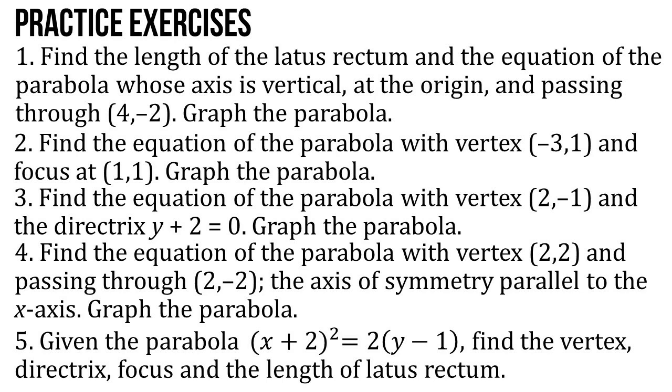Also graph the parabola. Number 4, find the equation of the parabola with vertex 2, 2 and passing through 2, negative 2, with the axis of symmetry parallel to the x-axis. Then graph the parabola. Lastly, number 5, given the parabola x plus 2 squared equals 2 times y minus 1, find the vertex, directrix, focus, and the length of the latus rectum.